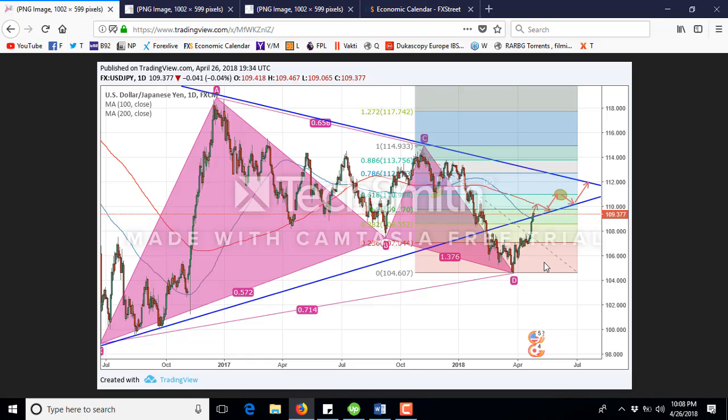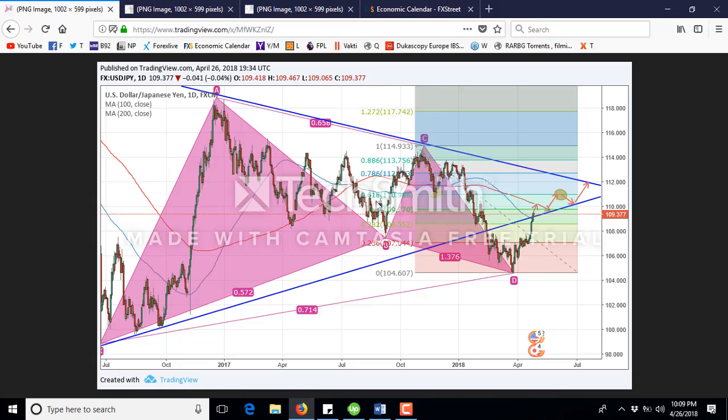So what is very specific to dollar yen, if you look historically, is that when it starts moving in one direction, it's absolutely relentless. It doesn't stop. It's not like other pairs that make a correction.